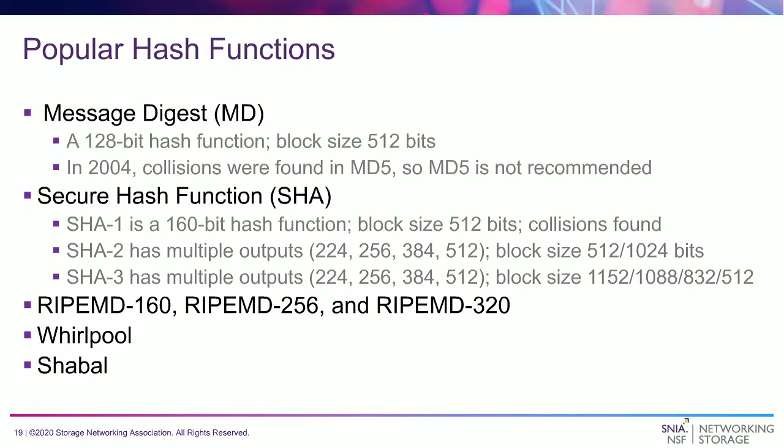There's a couple others in here. There's RIPEMD-160 and its brethren, and that is one of the hashes that's used in Bitcoin, and Shibboleth is also used in some of the blockchain work. So these are functions that you probably hear about, and they are all cryptographic hash functions.